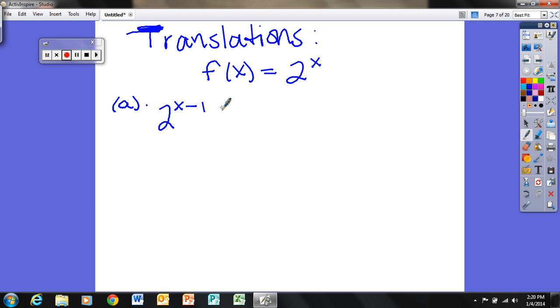What happens to my graph? You can graph this on your calculator if you want, or if you remember your rules, since we're changing something about our x value, it's going to be a horizontal shift. But which direction? Remember when we talked about horizontal shifts, it always was the opposite of what we're doing. So you would think that it would be to the left, but since it's horizontal, we're actually going to go to the right. So you're shifting right 1 unit.